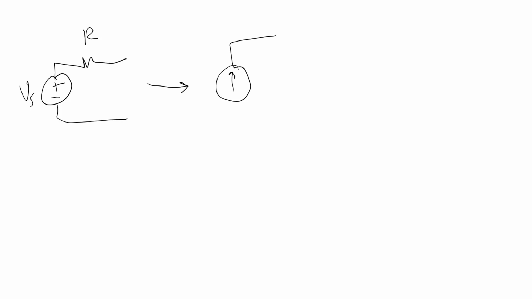So it says that if you have a voltage source that is in series with a resistor, we shall call that resistor R, and that one we call Vs, we can transform it to become a current source that is in parallel with the same resistor.